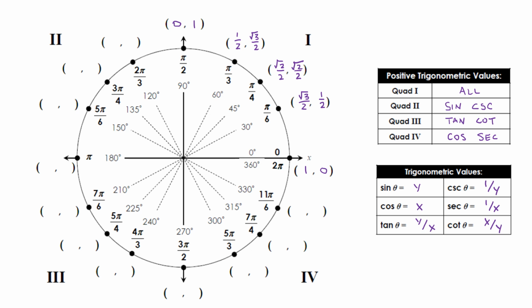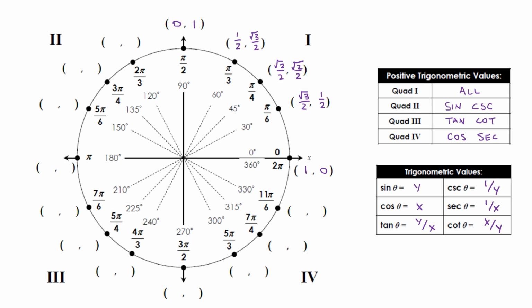All right, and so now we're in quadrant 2, and we know in quadrant 2, sine is positive, which means all of the y-coordinates are positive. And since we're in the second quadrant, the x-coordinates, so our cosines, will be negative.